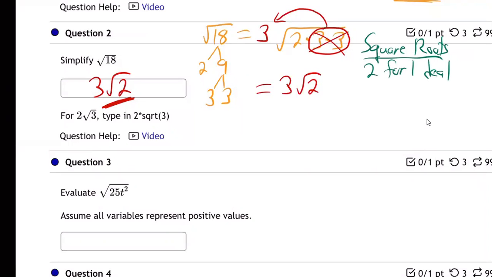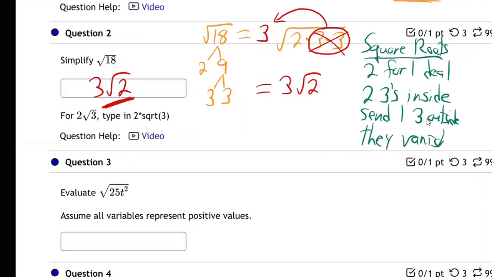Things are on sale 2 for 1, meaning 2 3s inside send 1 3 outside. They vanish. 2 3s inside send 1 3 outside, and then they cancel out.